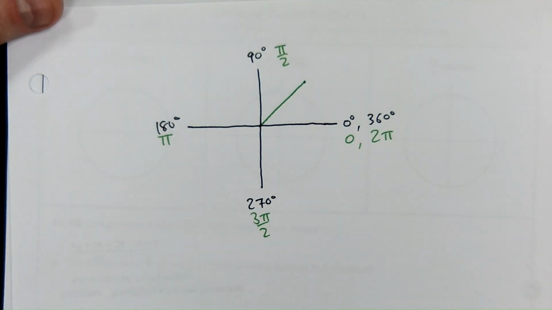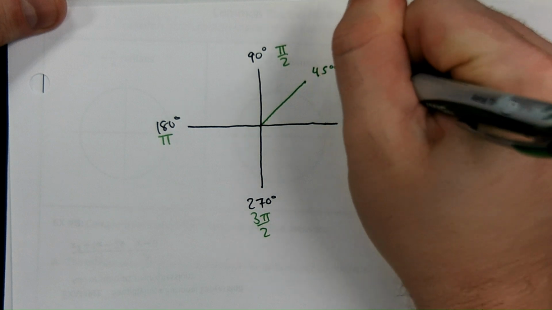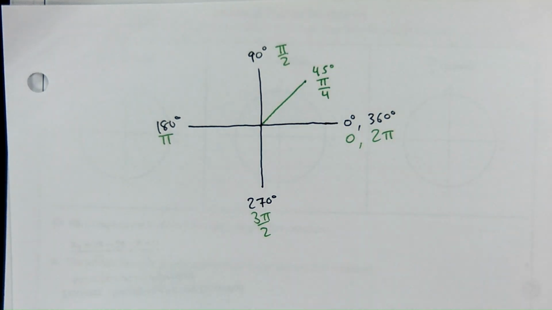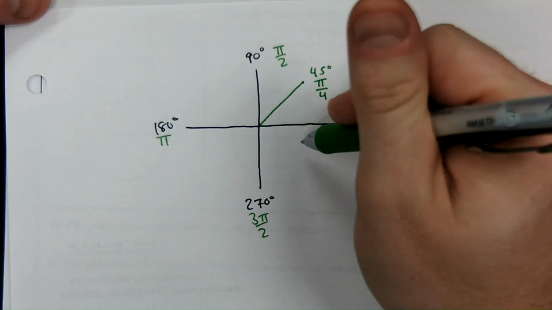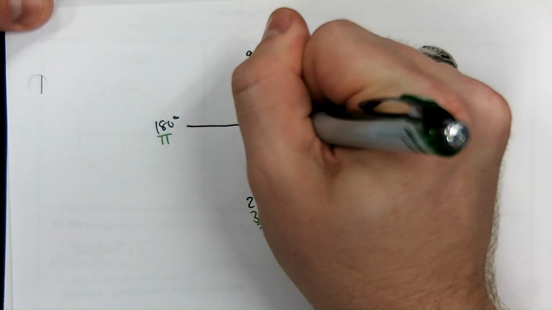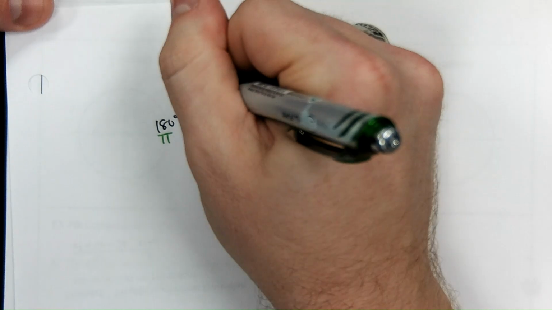Now what's halfway between 0 degrees and 90 degrees? 45 degrees. But you just said that it was 1/4 of a pi. So all of those are 1/4. 1/4, 2/4 reduced, 3/4 of a pi, which is also 135 degrees.